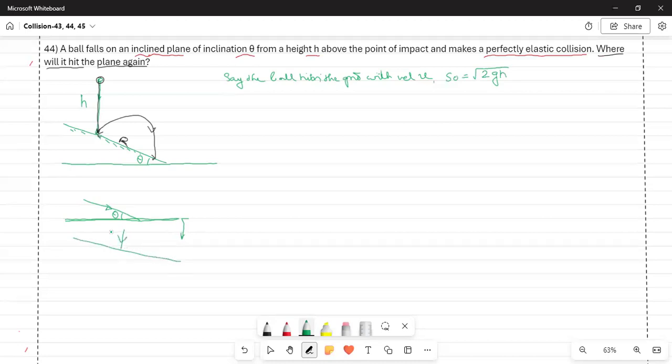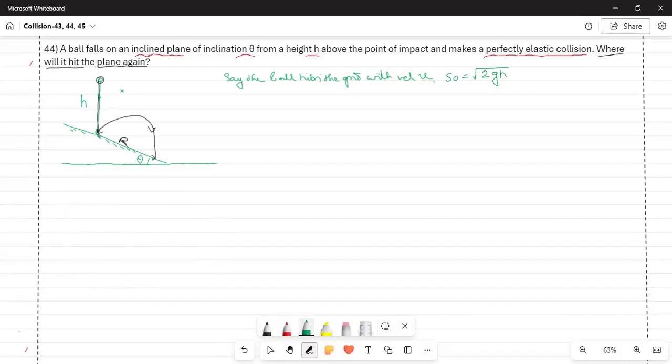So this is not a very big problem. You should be able to solve it quite easily.